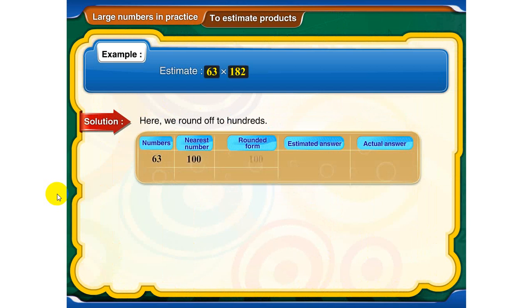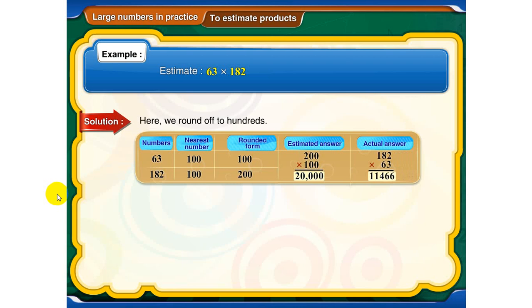Example: estimate 63 into 182. Solution: if we approximate both to the nearest hundreds, we get 100 into 200, that is equal to 20,000. This is much larger than the actual product. So what do we do?